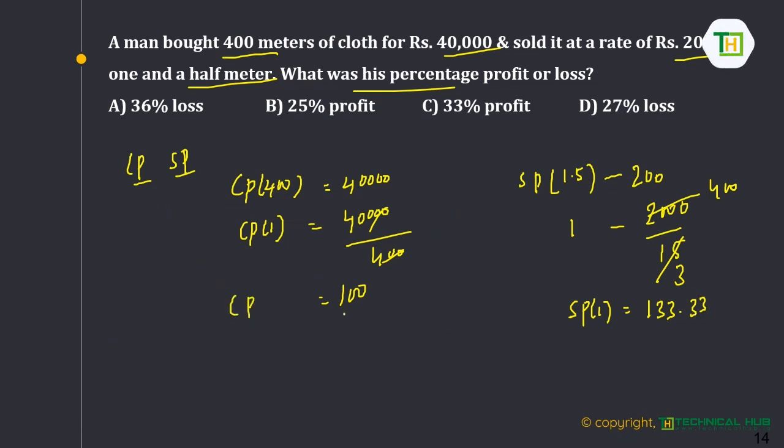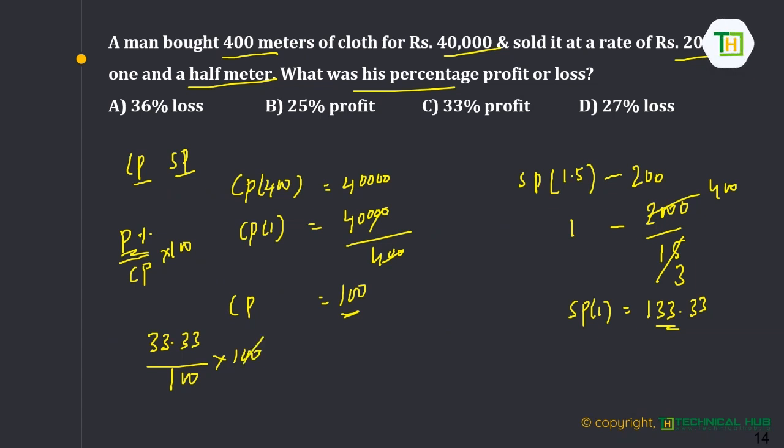So let's check it here. Cost price is 100 rupees and selling price is 133.3. You will get the profit. That profit is how much? 33.33. But profit percentage is always calculated on the cost price into 100. So either profit percentage or loss percentage, both are calculated on the cost price only. Okay. So profit is equal to 33.33 and cost price is equal to 100 into 100.